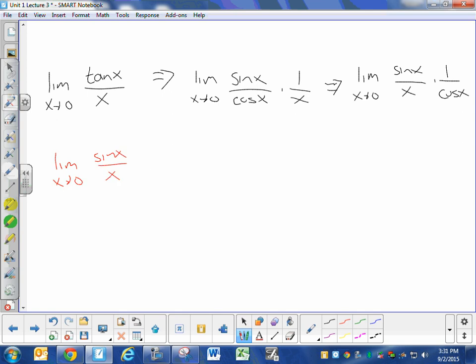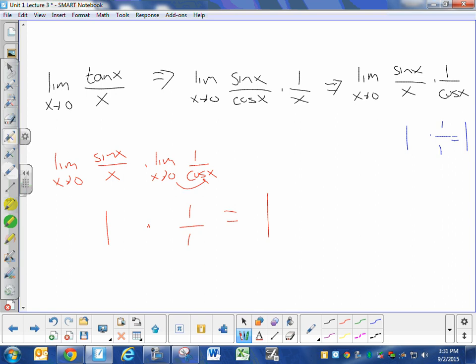You'd write it out as this times this. You know this is 1. I'd be able to plug in 0. The cosine of 0 is 1, so this is times 1 over 1. And that gives you your answer of 1. You'd have to do pretty much the same thing here. You know this is 1, and this would be times 1 over 1, giving you your answer of 1.